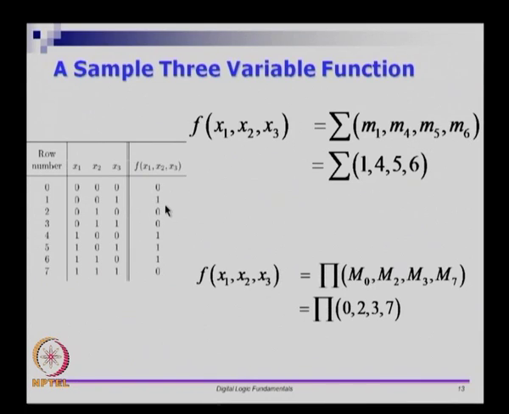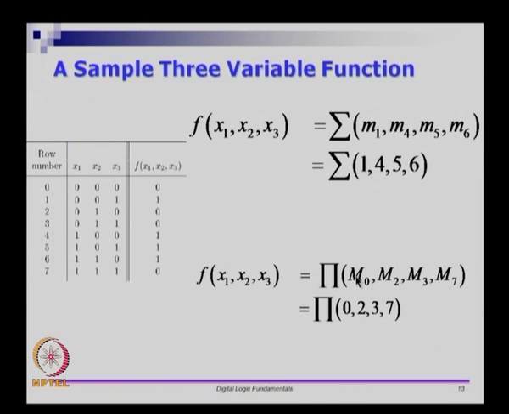Similarly, if I want to write this as a POS form, a canonical product of sums, what I do is collect all the zeros. The zeros are in row number 0, 2, 3 and 7, and you put a pi, which implies you are taking these as maxterms first, and then doing a product of the maxterms.